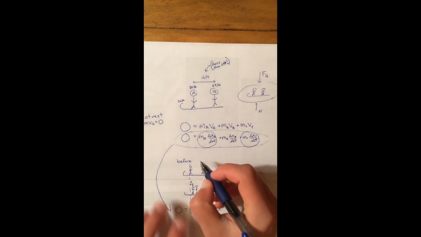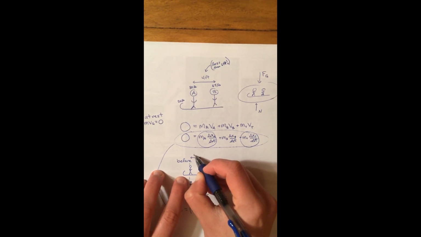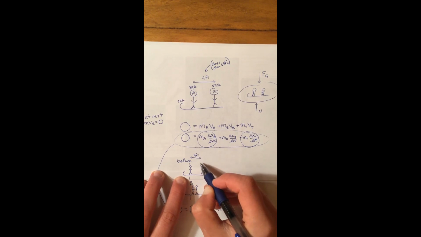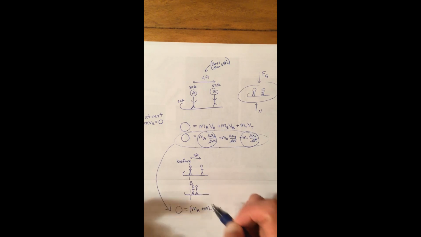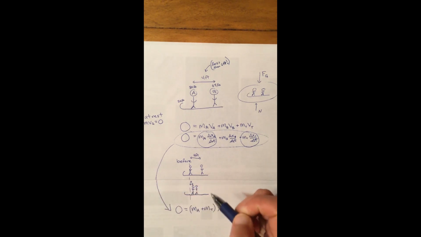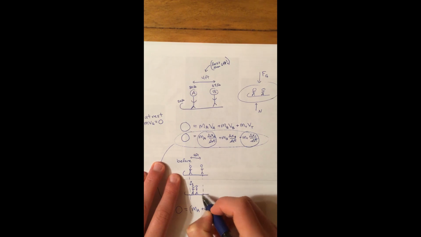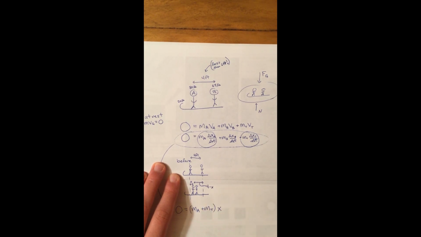The distance that they moved from here to here is 4 feet, but they didn't actually end up 4 feet from where they started from. They ended up where person A was, and since the whole toboggan moved this way, the distance would be 4 minus x, but that's in the negative direction. So this would be minus the mass of person B times 4 minus x.